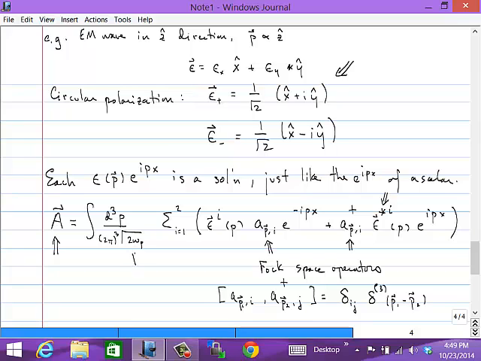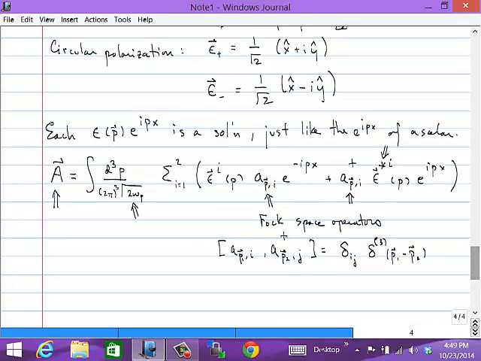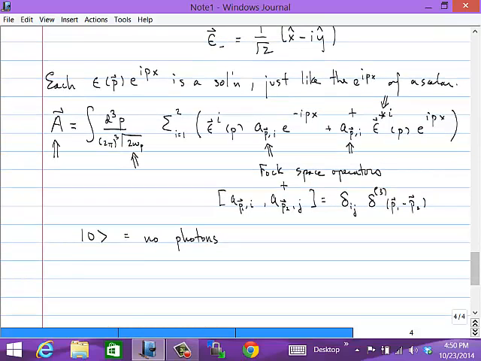And I've introduced a normalization factor here, as I usually do, just to make my life a little bit simpler later on. So this means that we've quantized electromagnetism, just as we did for the harmonic oscillator, or just as we did for the scalar field. The Hilbert space of electromagnetism is just the product of an infinite number of harmonic oscillators. There's a vacuum state, which describes a state with no particles in it. There are now two different types of one particle state.